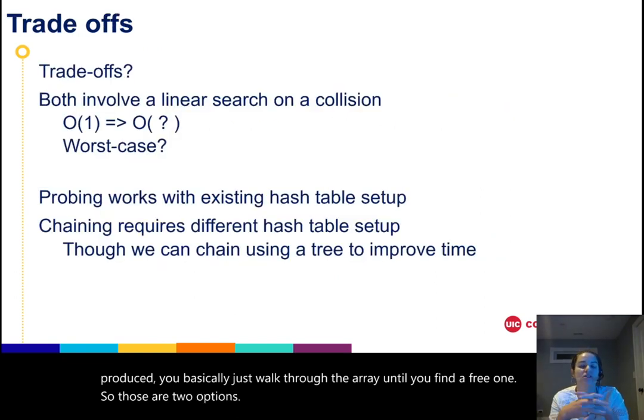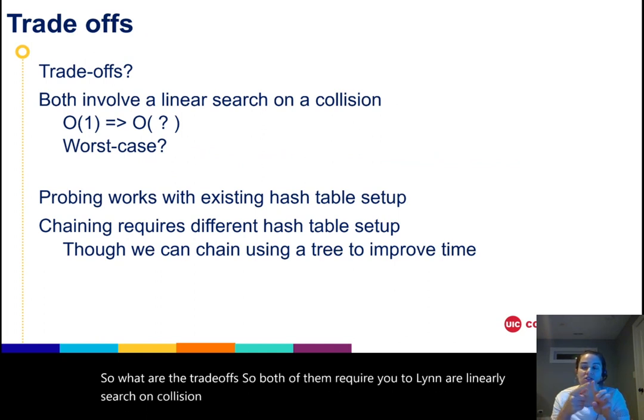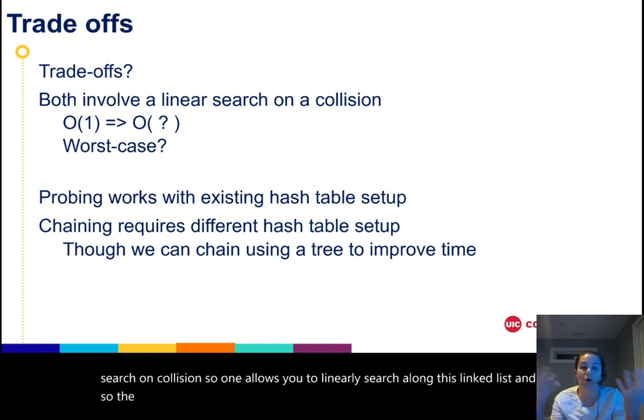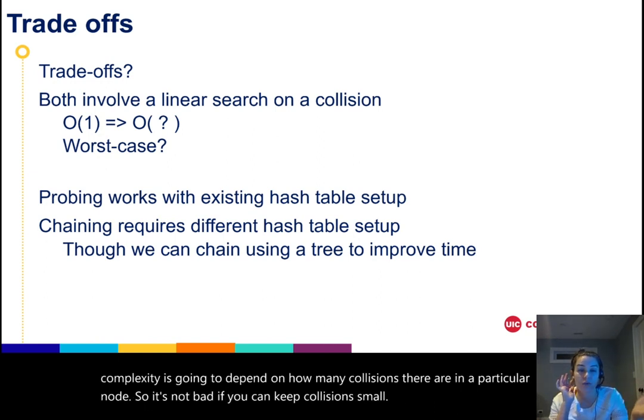So what are the trade-offs? Both of them require you to linearly search on collision. One allows you to linearly search along this linked list, and so the complexity is going to depend on how many collisions there are in a particular node. It's not bad if you can keep the total number of collisions at any one index small.